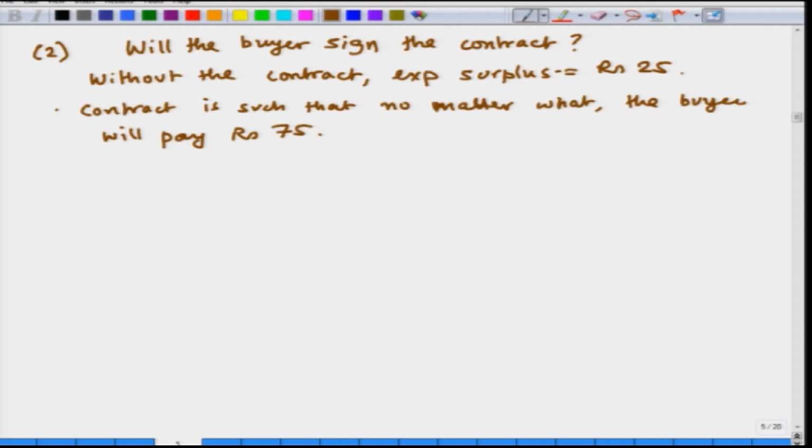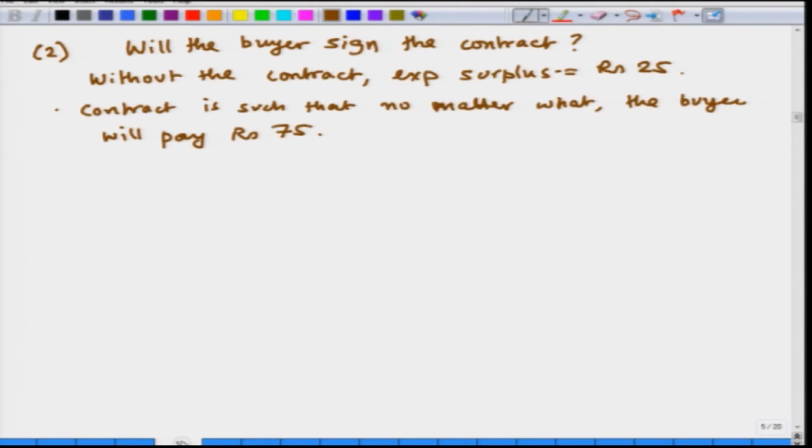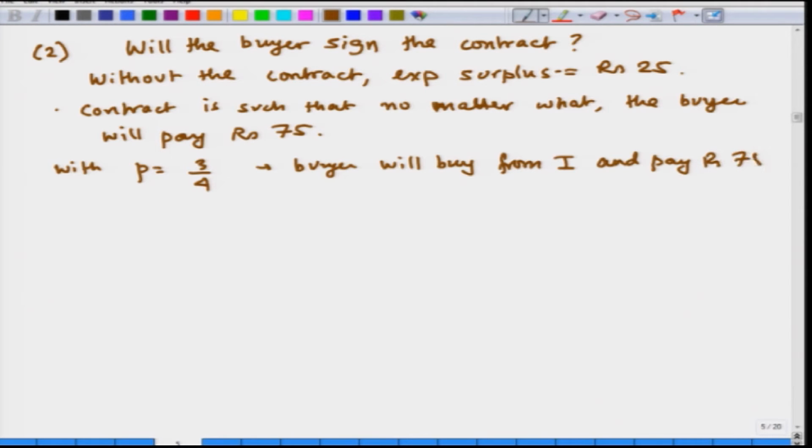Now, notice that the probability of entry is 1/4. So, the probability that the entrant will not enter is 3/4. How do we know that? Probability of entry is 1/4, so with probability 1 minus 1/4, which is 3/4, the buyer will buy from the incumbent and pay rupees 75, because that is what the contract says.